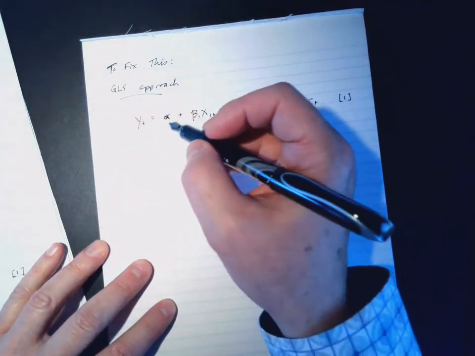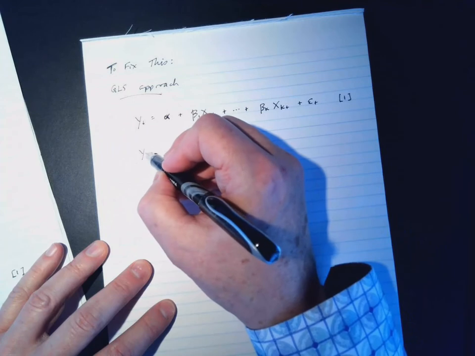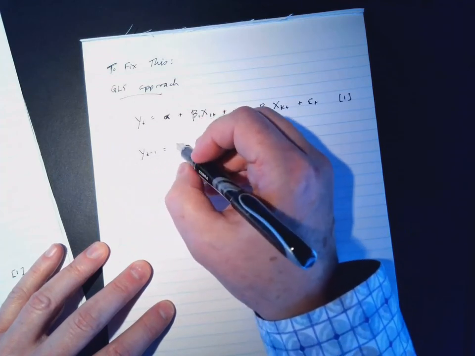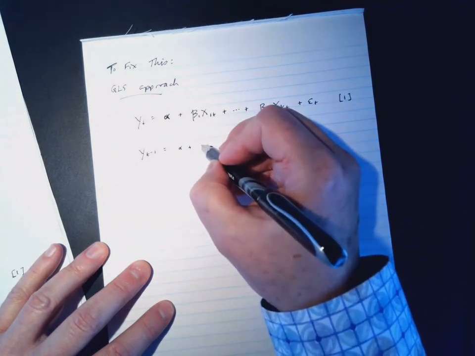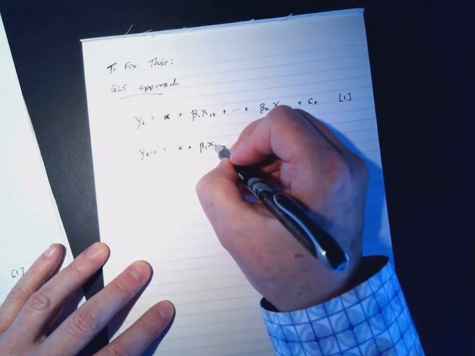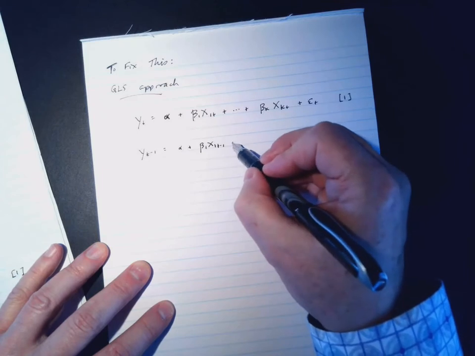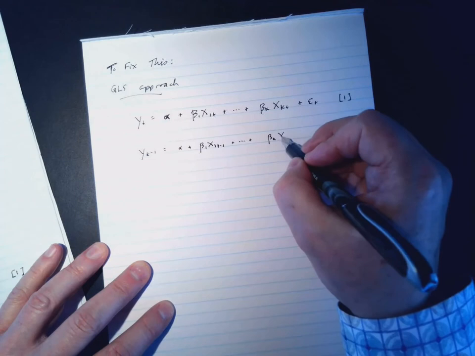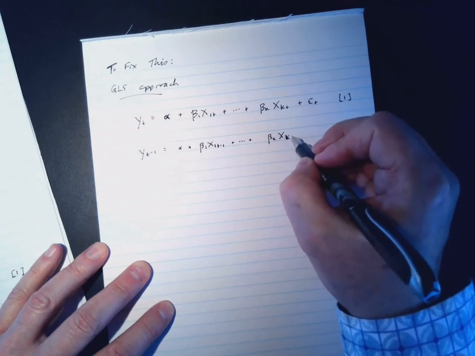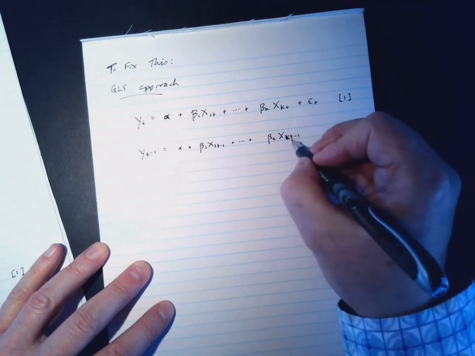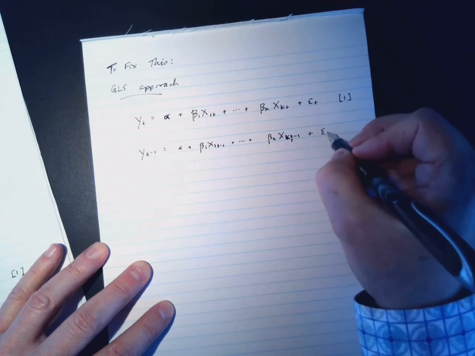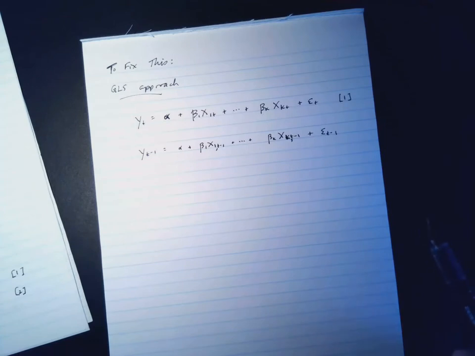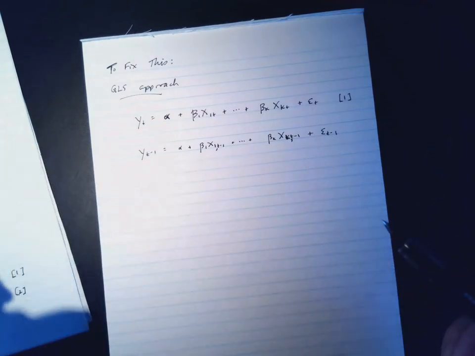And now we're going to take the 1 period lag. y t minus 1 equals alpha plus beta 1 x1 t minus 1 plus dot dot dot plus beta k x k t minus 1 plus epsilon t minus 1. So same equation, I just lagged it 1 period.